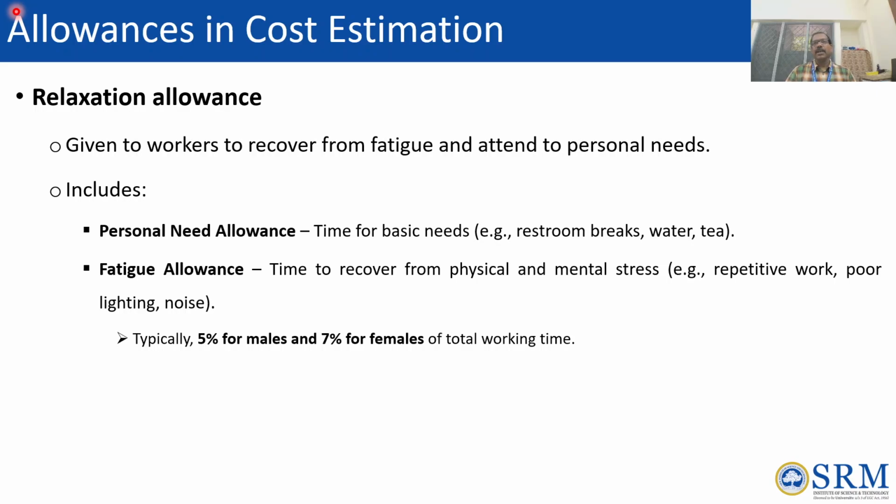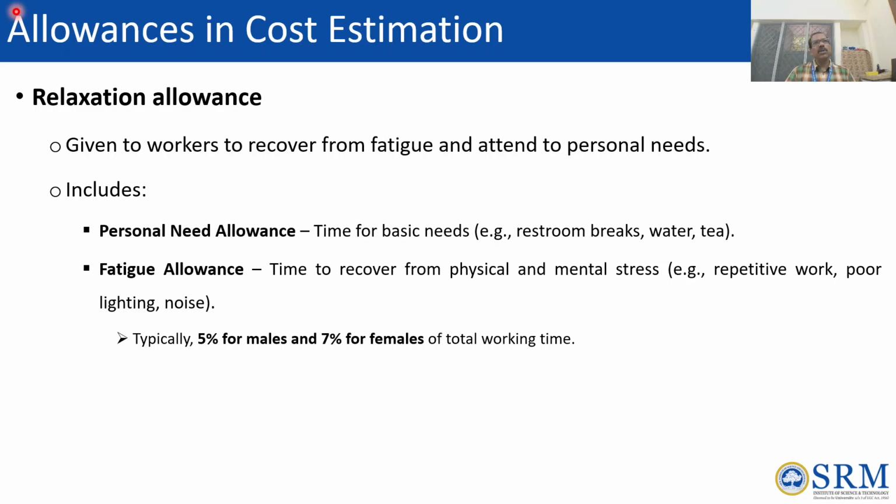They may also get mental stress because of repetitive work, poor lighting or mood, so we need to provide some allowances. Just for example, I'm giving 5% for male. If you consider 8 hours, you have to apply 5% as relaxation allowance.